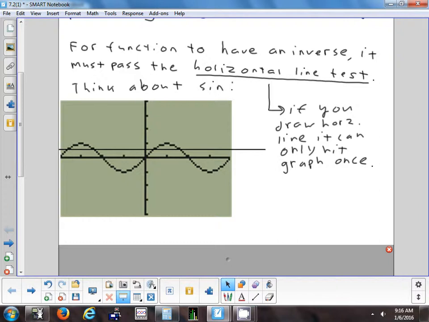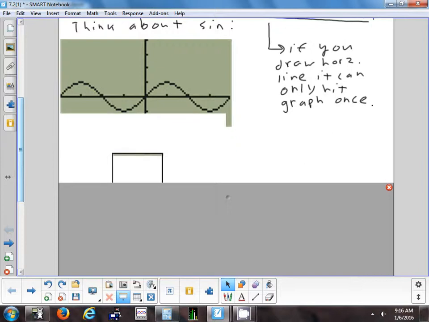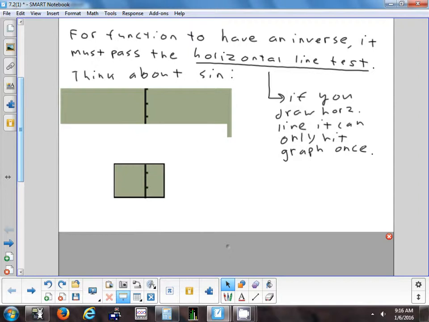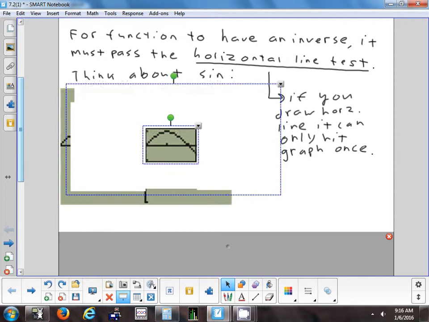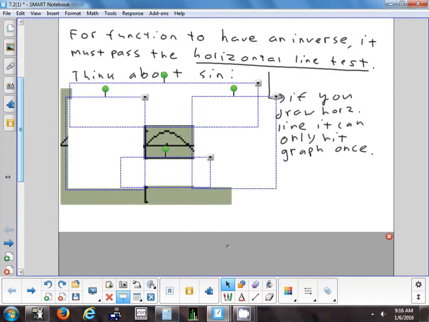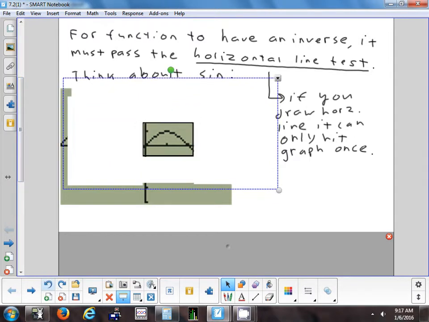The only way it can have an inverse is if we limit how much of the graph we're going to look at. So what we're going to do is pretend like we have our window, right here on the calculator, and we're just going to look at a certain part. Let's try that part. If I look at just this part, and I put a horizontal line in now, would it still hit my graph more than once?